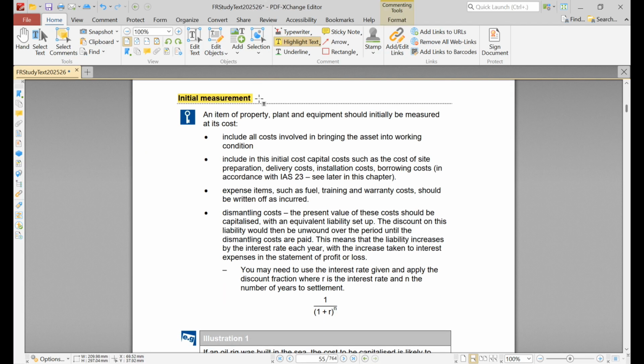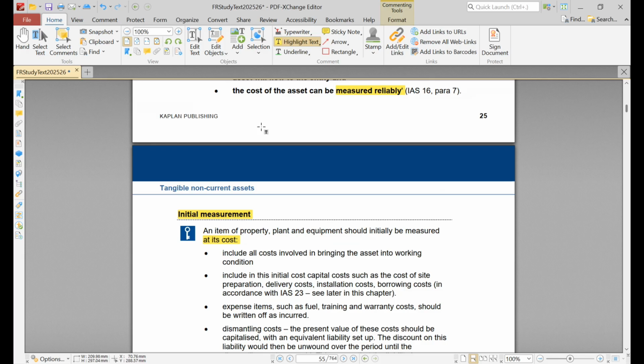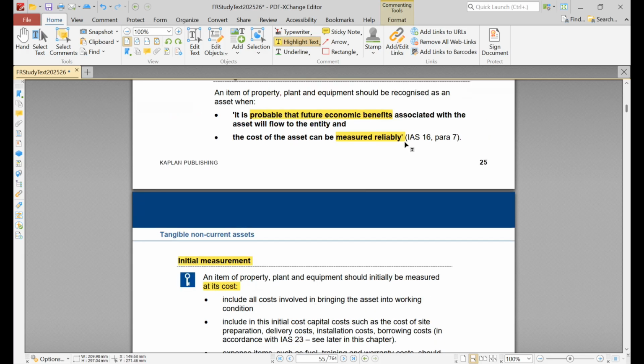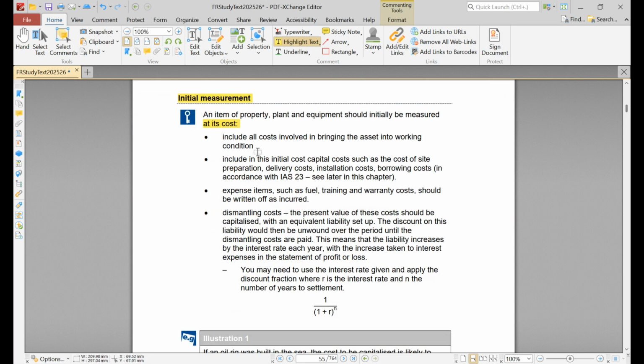That is the first time when you're recording the asset in the books. What all components should be included in the cost of the asset? An item of property, plant, and equipment should initially be measured at its cost, as we studied, and the cost should be measured reliably. So, the cost includes all costs involved in bringing the asset into working condition.